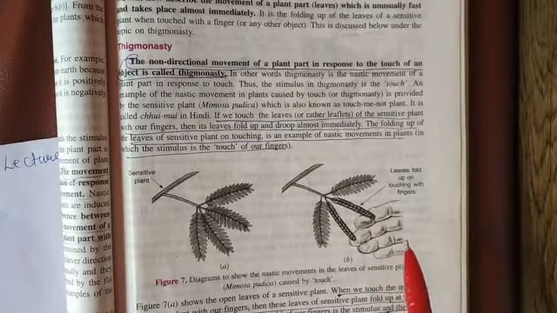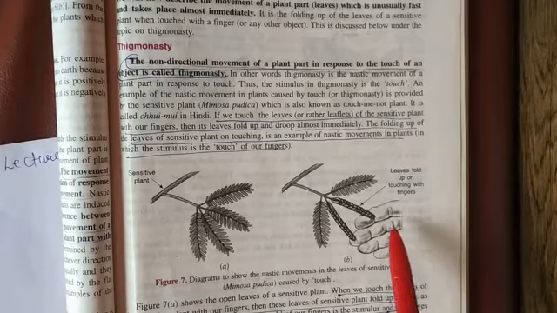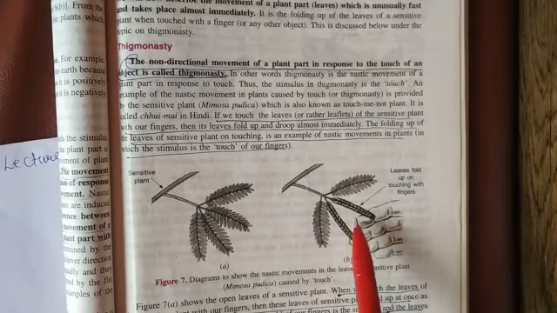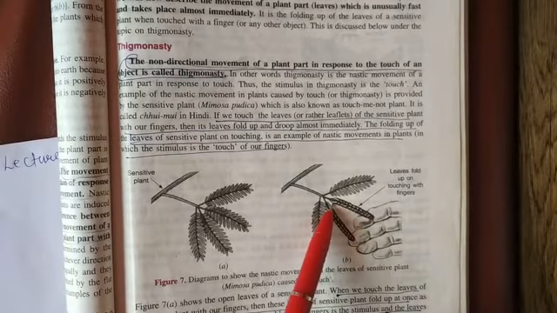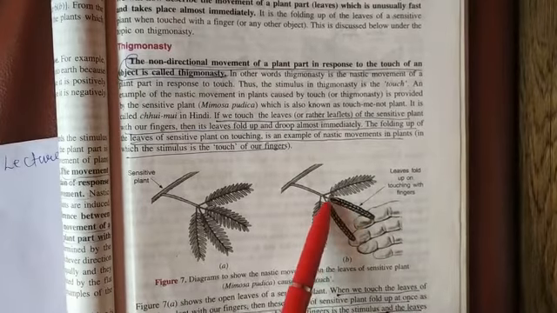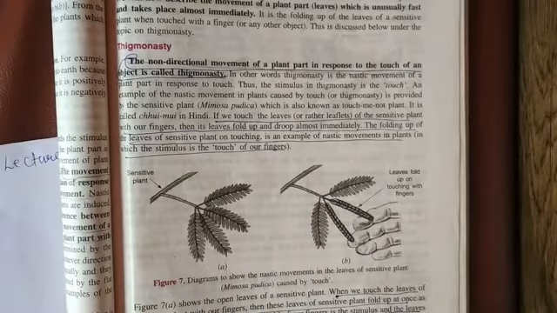So here stimulus is touching with the fingers and response is the closing of the leaves. So here there is no specific direction. A person touches from here. If you want to try, आप दूसरी डायरेक्शन से टच करेंगे तब भी ये लीव्स क्लोज हो जाएंगी.